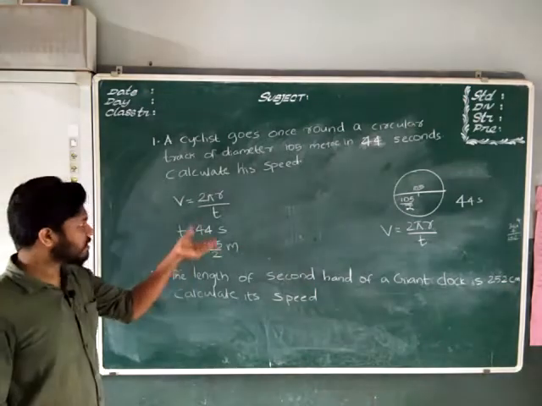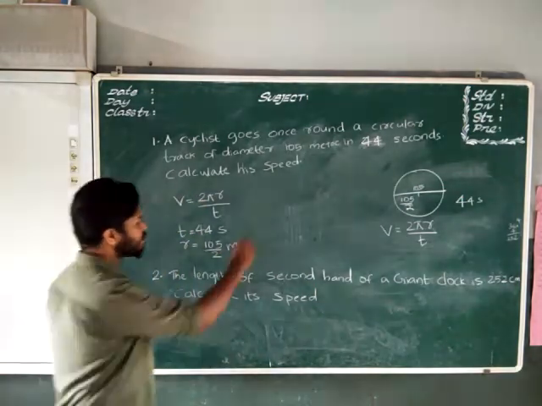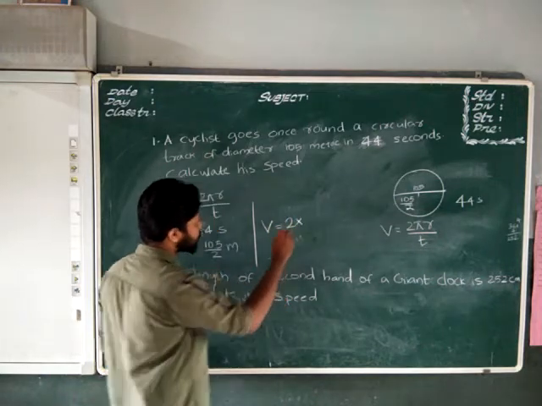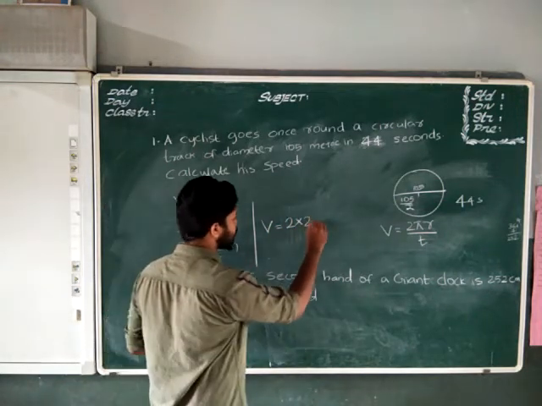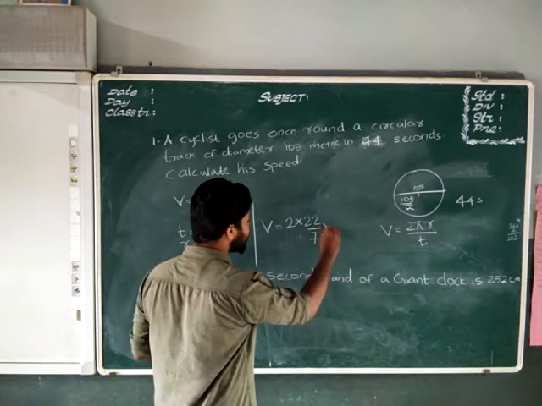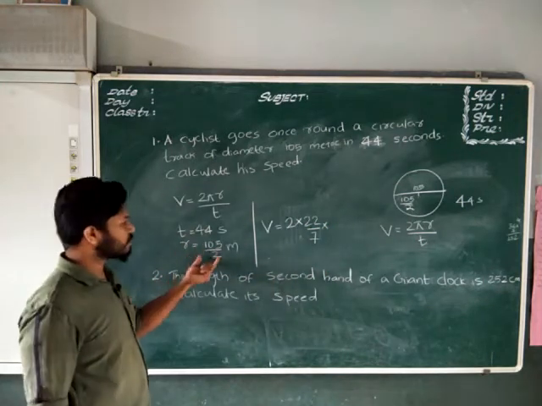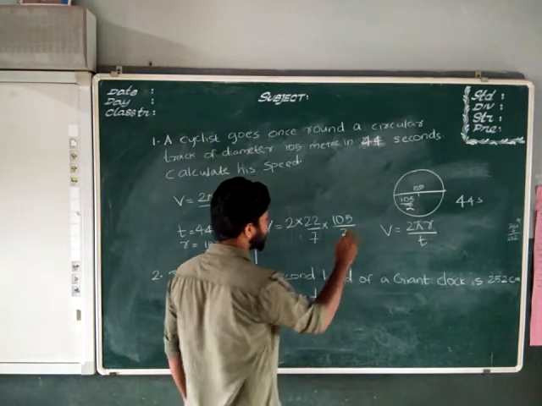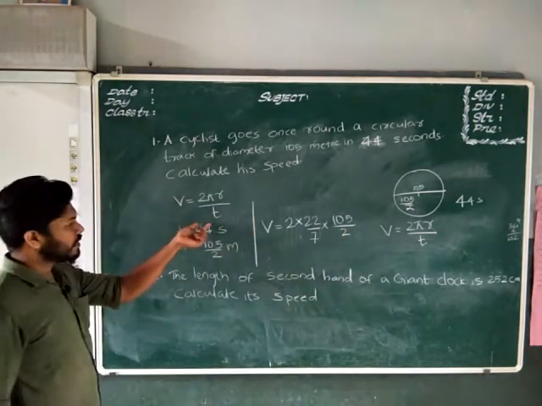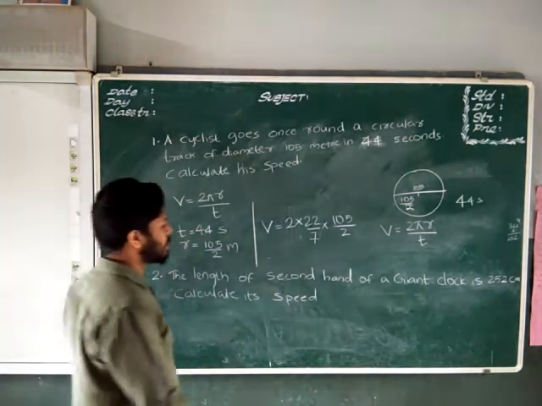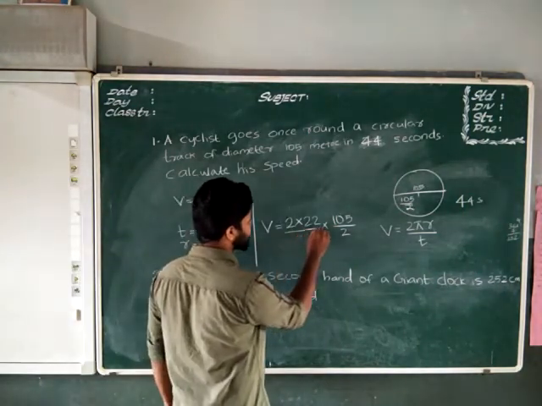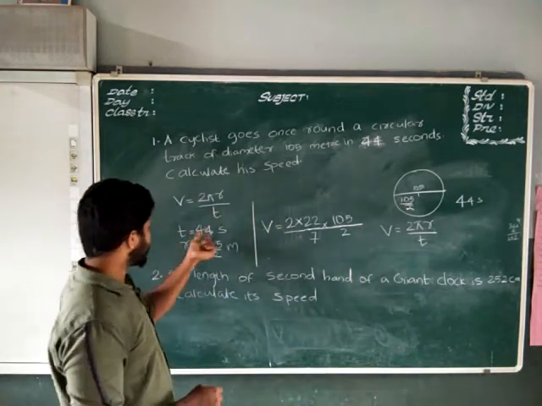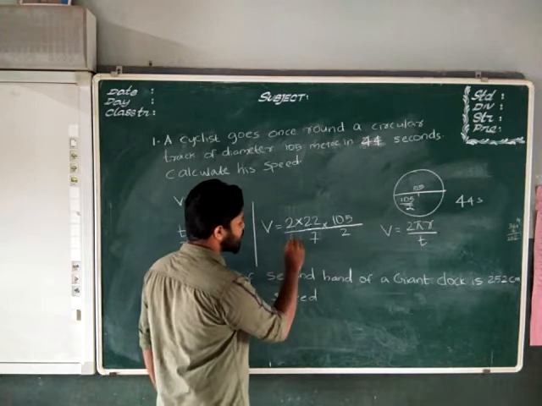Now let's substitute these values in the equation of V. Therefore V is equal to 2 into pi, instead of pi 22 by 7, into radius 105 divided by 2, then divided by t. What is t? It's 44.